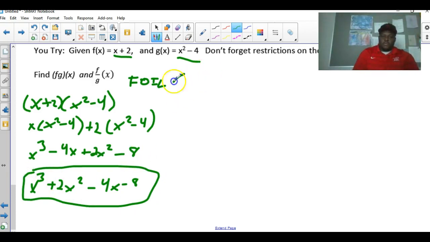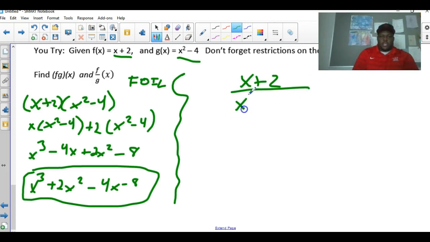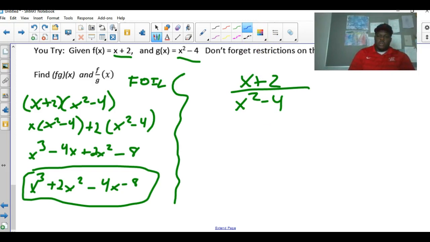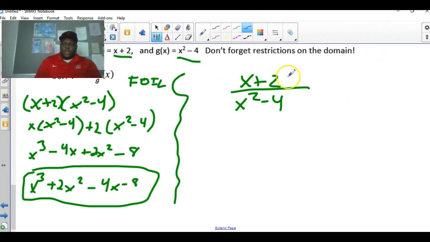Now, for the division portion, we're doing f divided by g. So here's f, and we divide it by g, x squared minus 4. Now, first off, I'm going to do the domain restriction. Here's the denominator, x squared minus 4. If I take that and set it not equal to 0, then we solve it.